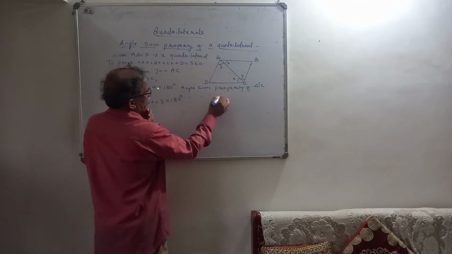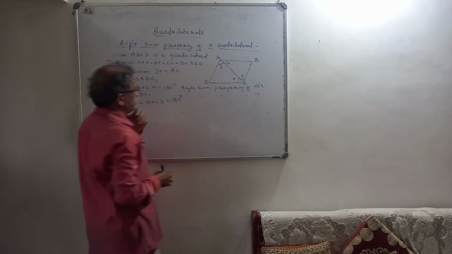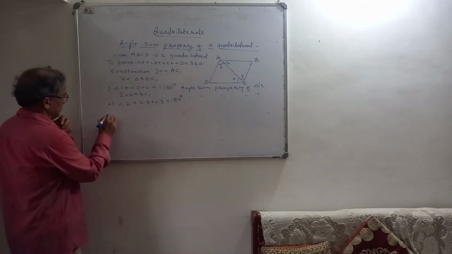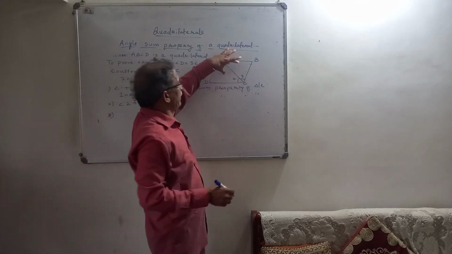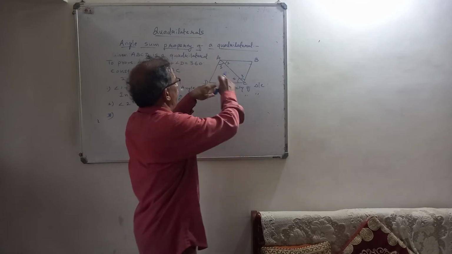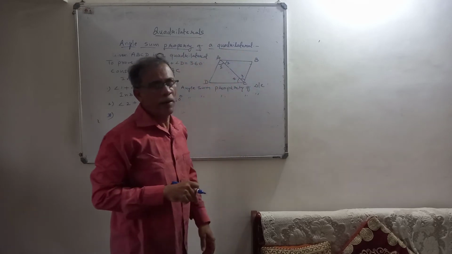Same reason, angle sum property of a triangle. Now from the figure you can see, if the two triangles are combined, we get the whole quadrilateral.